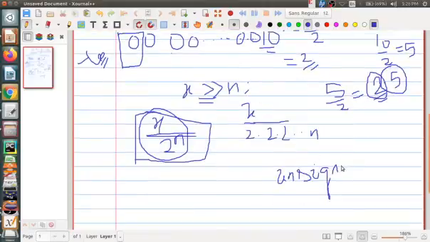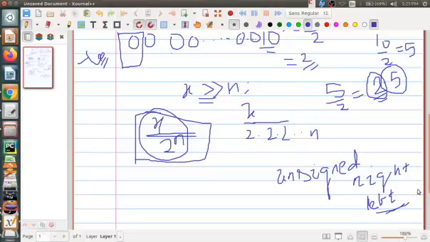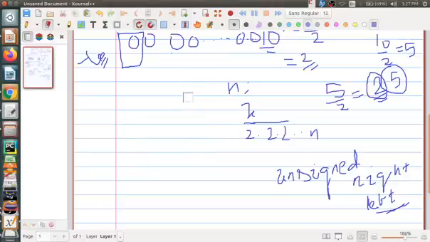Now there is unsigned right shift and unsigned left shift. This is a special case.